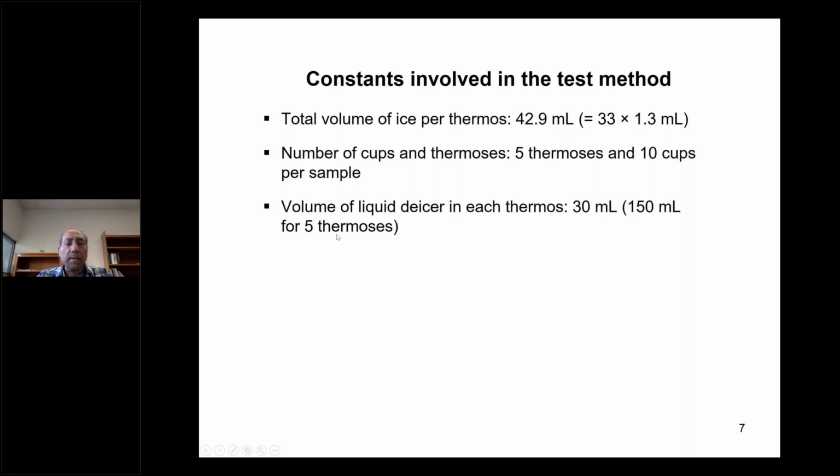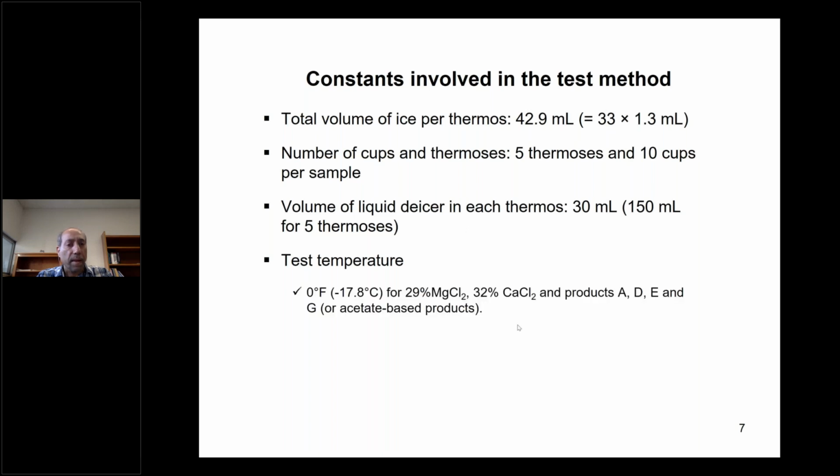Also, the third one is the volume of the liquid de-icer in each thermos, which is 30 milliliter. And for 5 thermoses, we need 150 milliliter of liquid de-icer. And test temperature, actually we used 2 test temperatures, 0 Fahrenheit and 15.